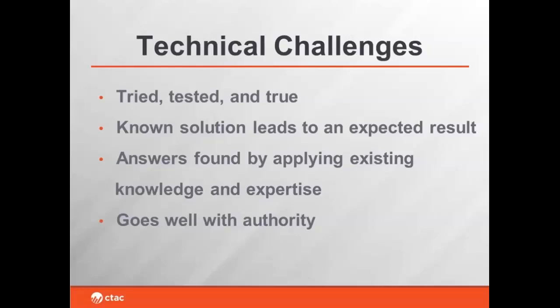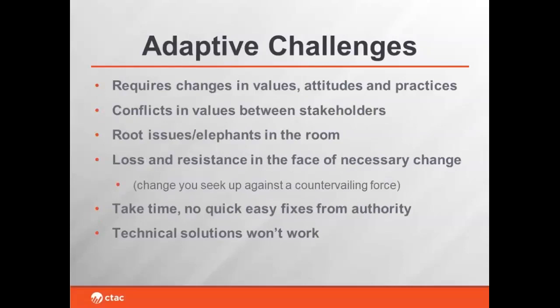But adaptive challenges are more complicated. When we're talking about an adaptive challenge, we are talking about making changes in people's values, their attitudes, and their practices. So you can see how that can be a lot more complicated. Adaptive challenges are about conflicts in values between stakeholders, right?